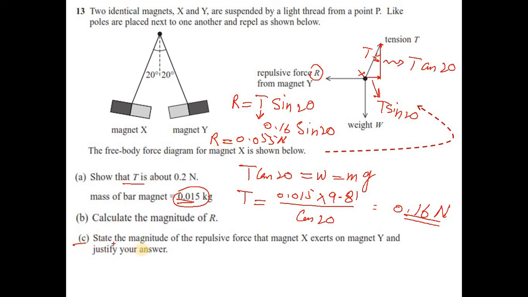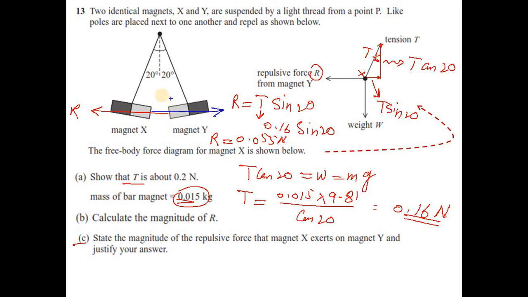C. State the magnitude of the repulsive force that magnet X exerts on magnet Y and justify your answer. Clearly, if you see, repulsive force R from magnet Y is applying force on magnet X in that direction, meaning magnet X applies force on magnet Y in the opposite direction.